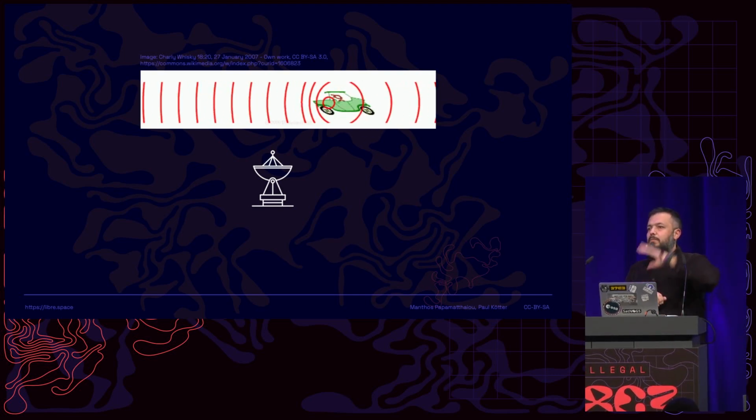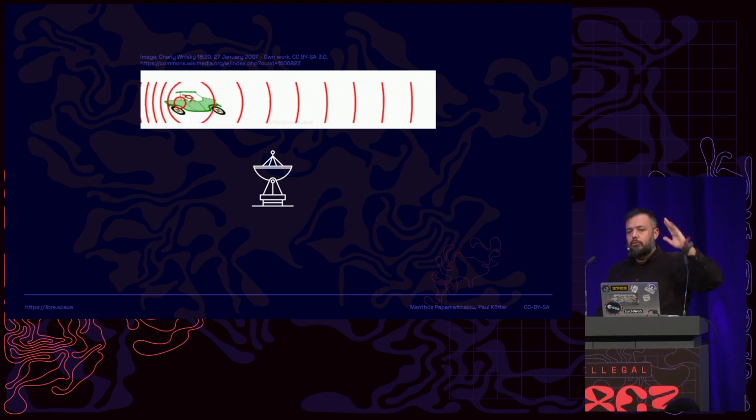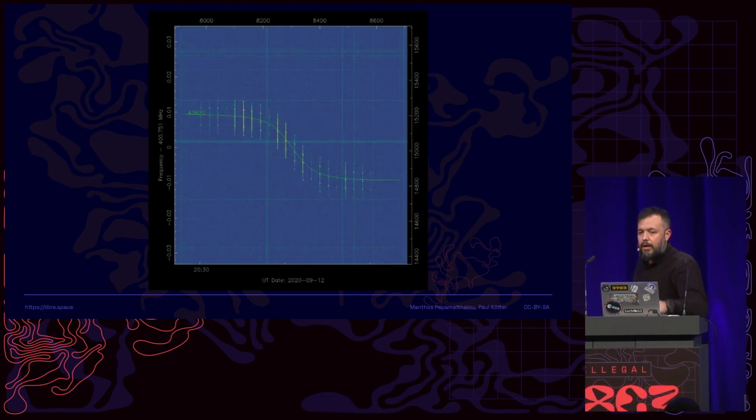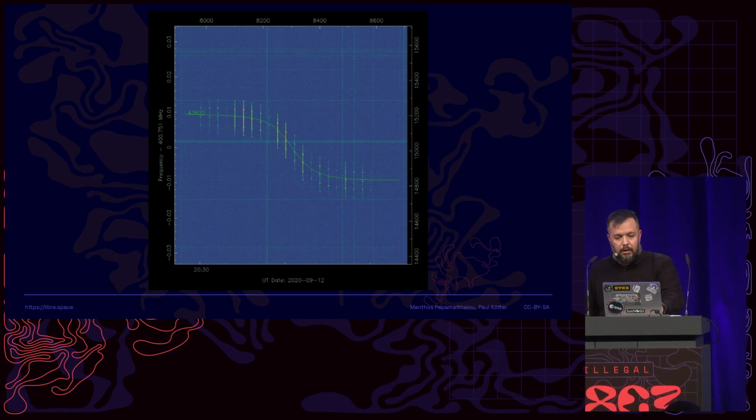So when the satellite approaches you, you have a higher frequency, and when it goes away, you have a lower frequency. This is the characteristic S-curve of a signal received from a satellite on the ground. When it approaches it is higher pitched, and the normal pitch is where the zero is. The horizontal axis is time, and the vertical is the frequency offset from the center frequency of the satellite.